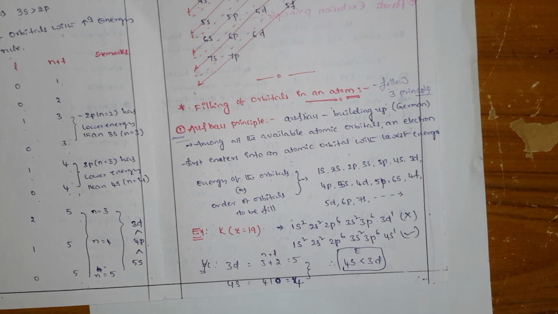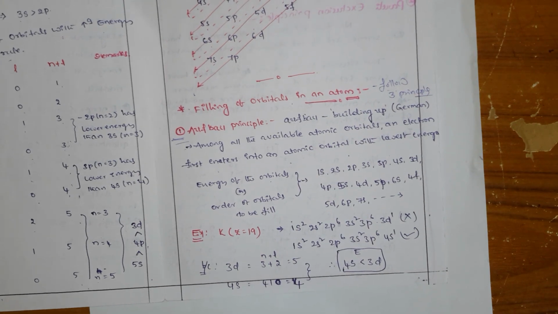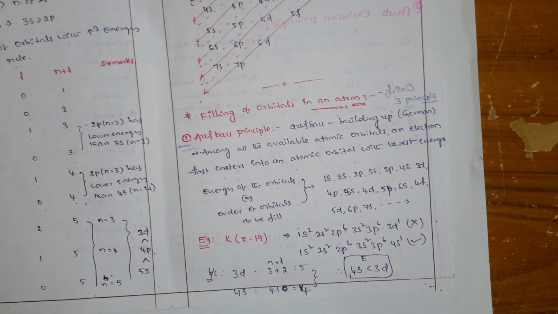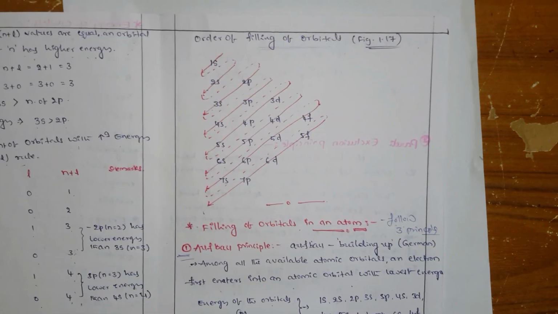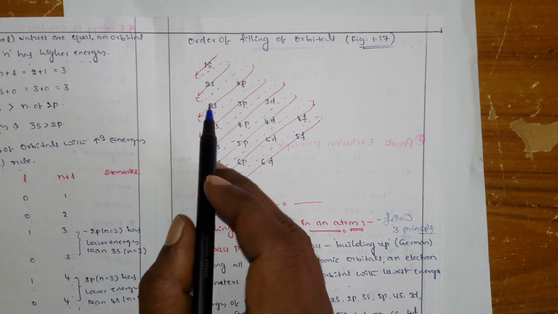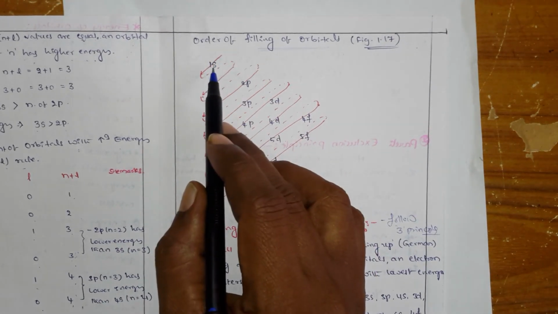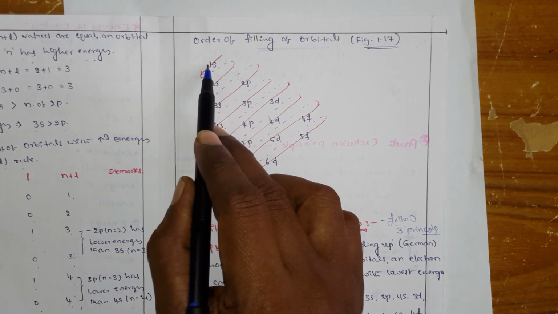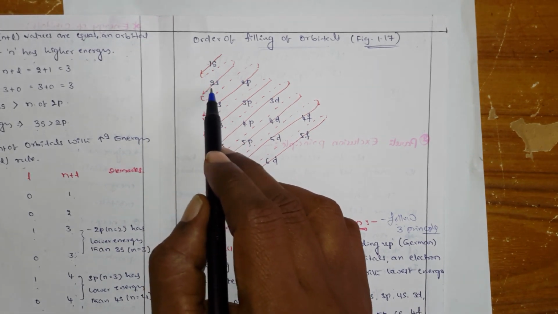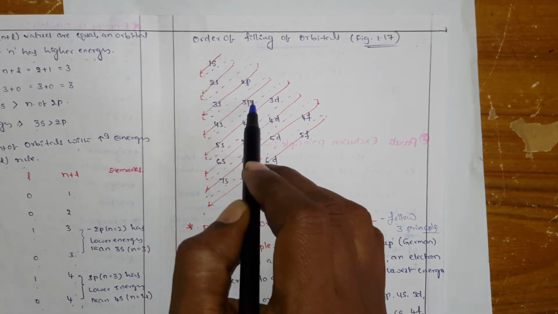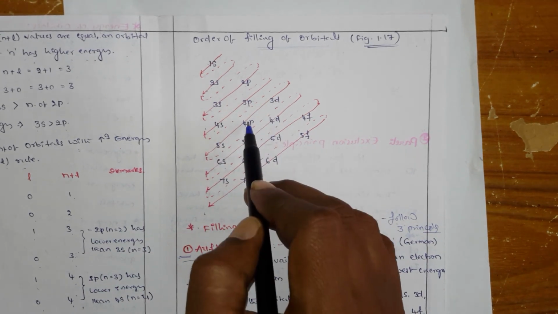So the first electron enters the orbital with the lowest energy, then it follows the increasing order. In the last class you saw the energy order. What is the energy order? The lowest energy is 1s, then 2s, then 2p, 3s, 3p, 4s, 3d, 4p, 5s.